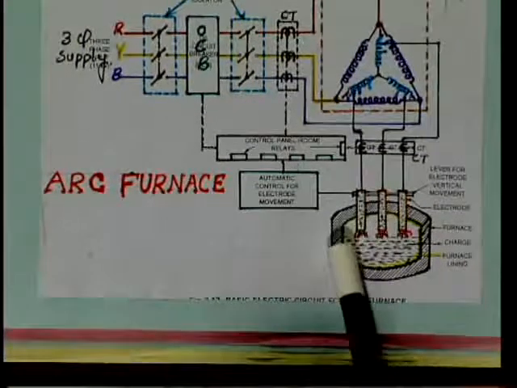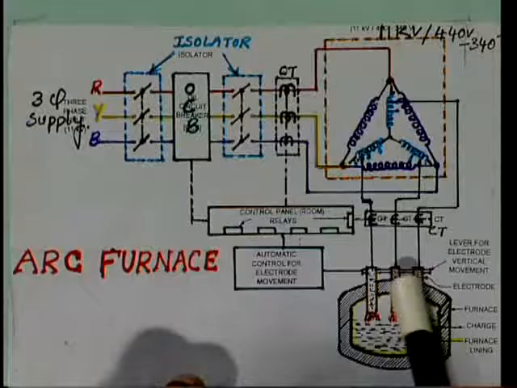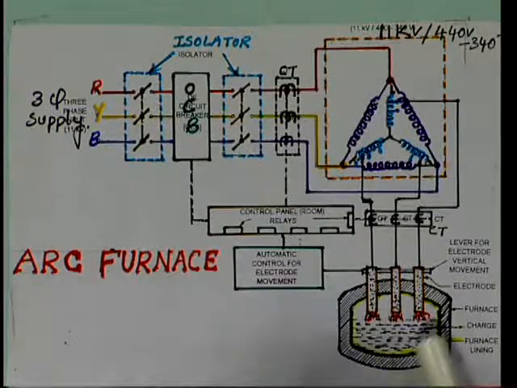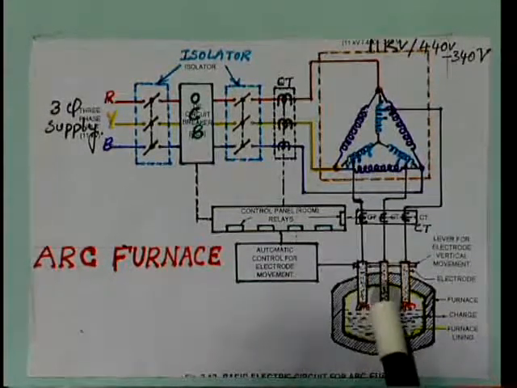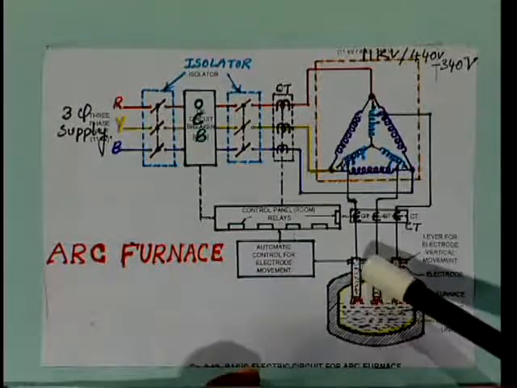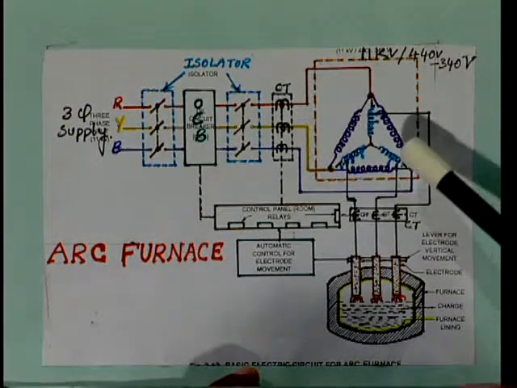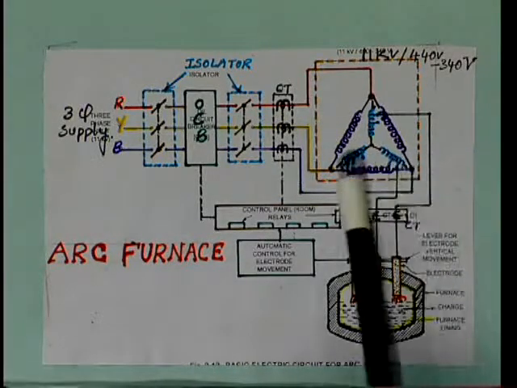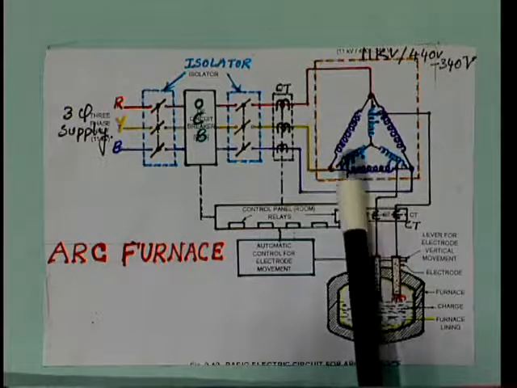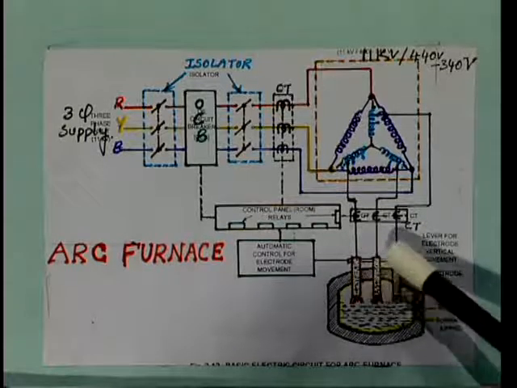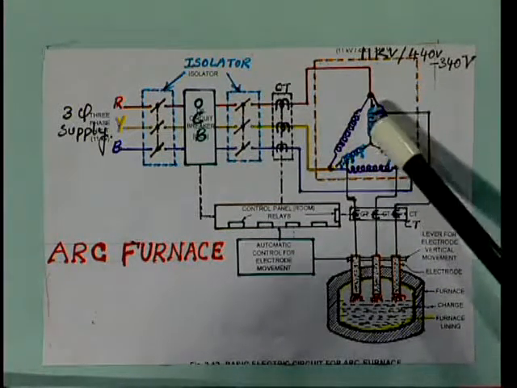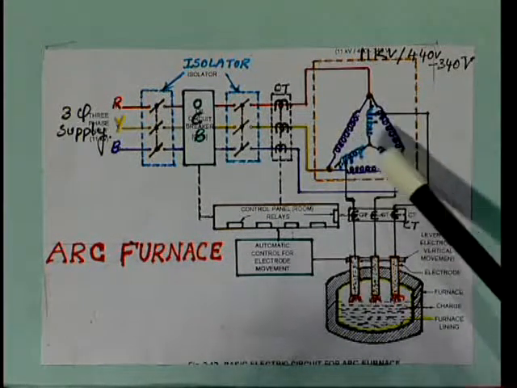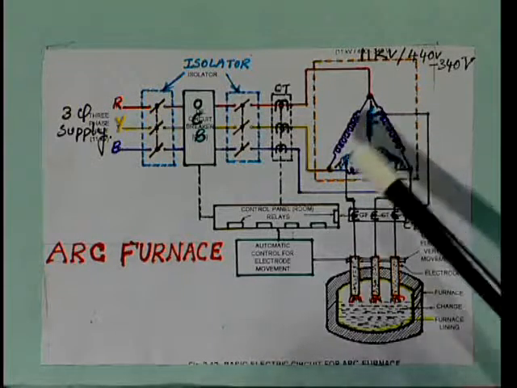This is the furnace unit, this is the furnace chamber. We have seen till now there are 3 electrodes, 1, 2, 3. These 3 electrodes are internally connected to a transformer unit. This is the transformer unit, where the transformer is connected in delta fashion, and these 3 electrodes are connected to the internal vertices of the delta transformer, the secondary winding.